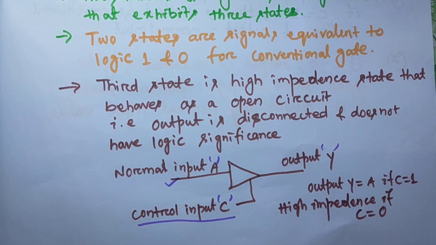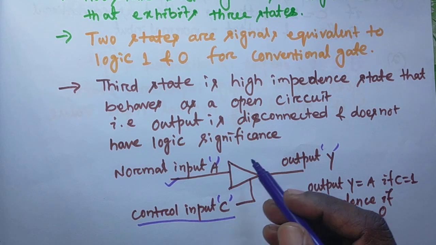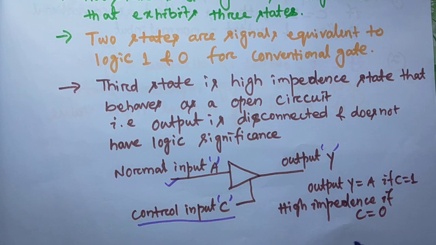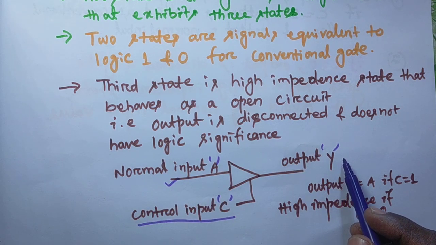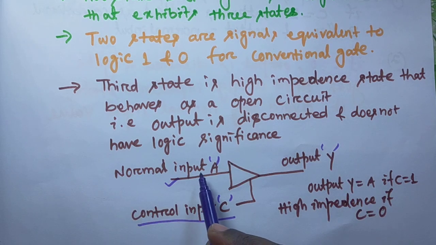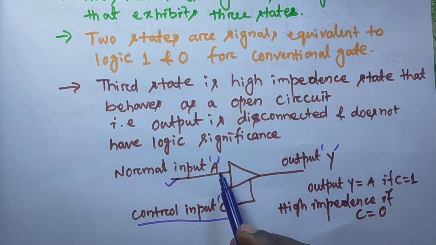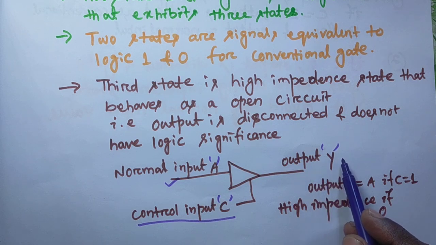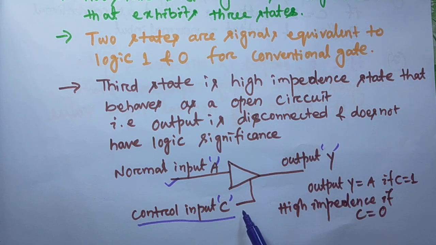Now, what kind of input we provide to this circuit determines what kind of data we get. Suppose output Y is equal to A. Y depends on the normal input A. That means this input passes through the circuit, and we get the output when the control input C is 1.